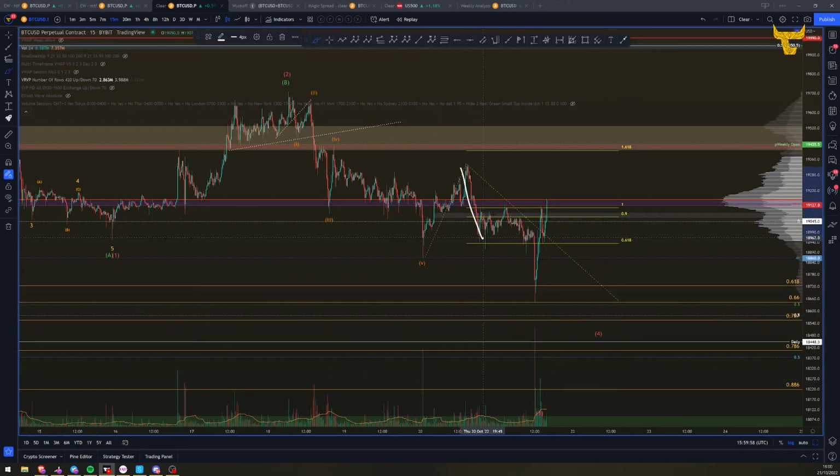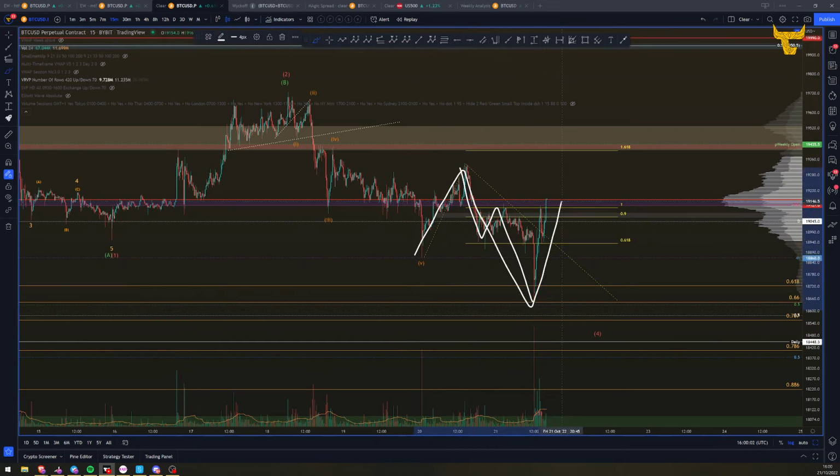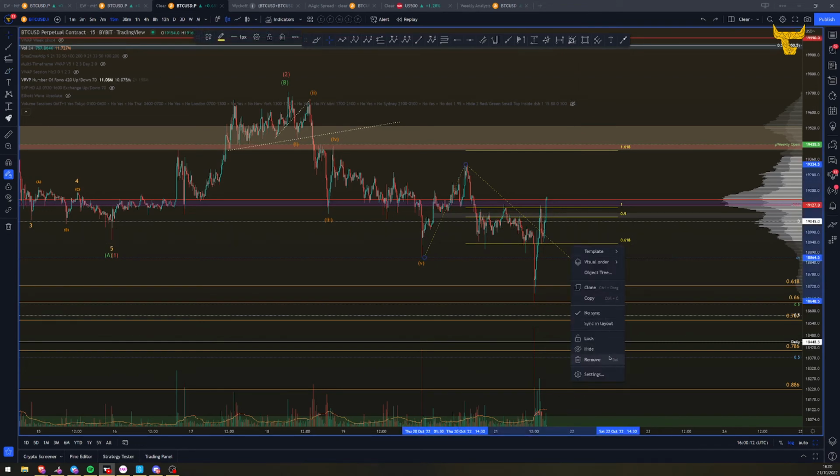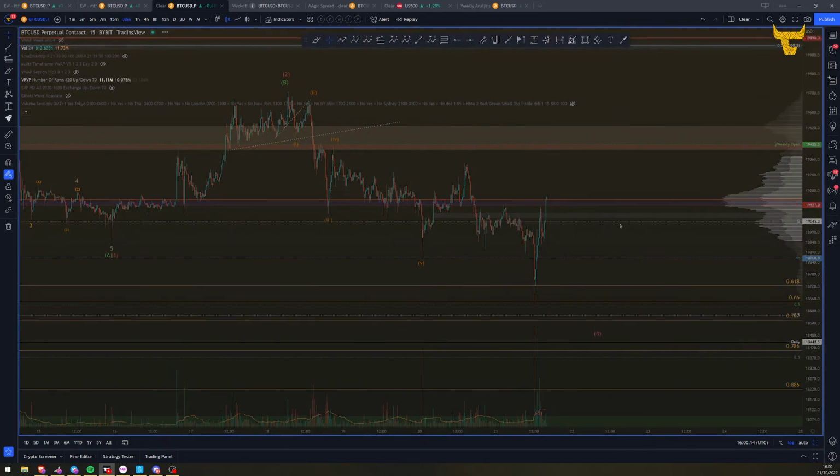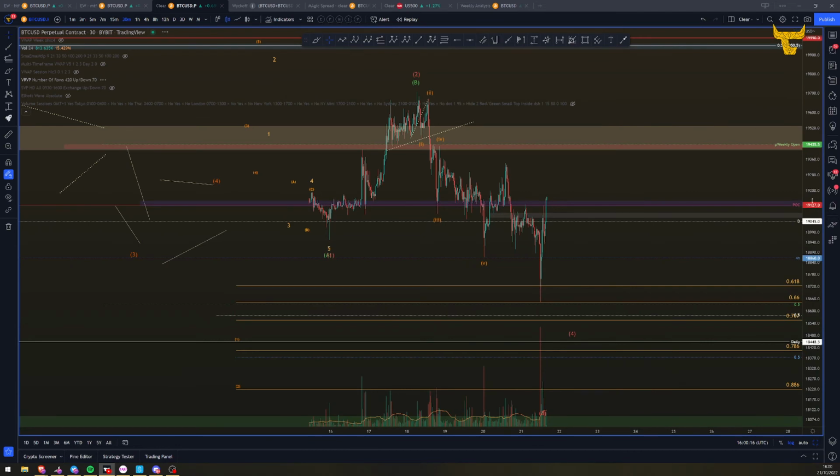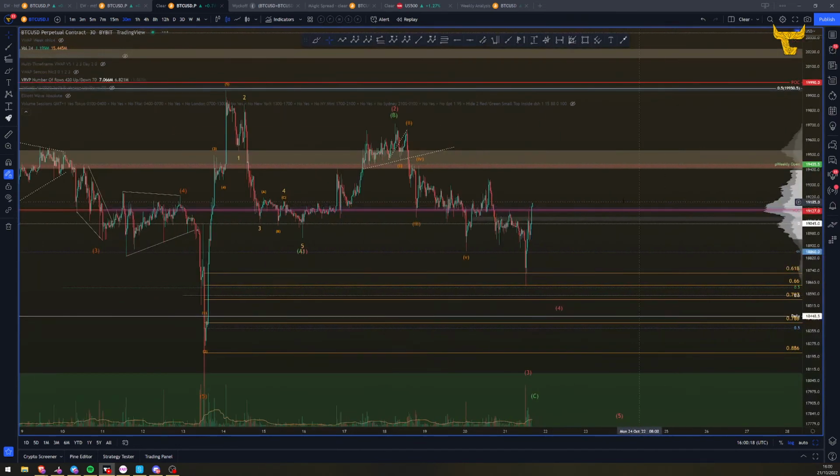Trying to see if we have ABC. I'm looking for a flat again. Yeah, max target 161.8, so maybe it could even be 5 here. So yeah, lower time frame Elliott wave is not going to be very helpful here.